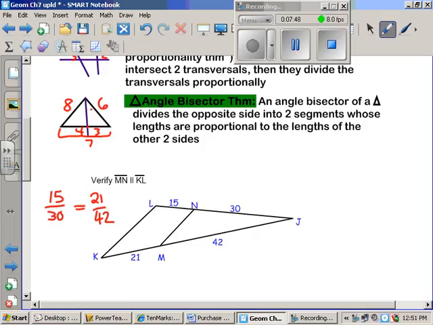Okay? To check that, I just reduce it. Both of these are divisible by 15, right? So that's 1/2. Both of these are divisible by 21, so that's 1/2. So is MN parallel to KL? Yes, because of not side splitting, converse of side splitting. Okay?